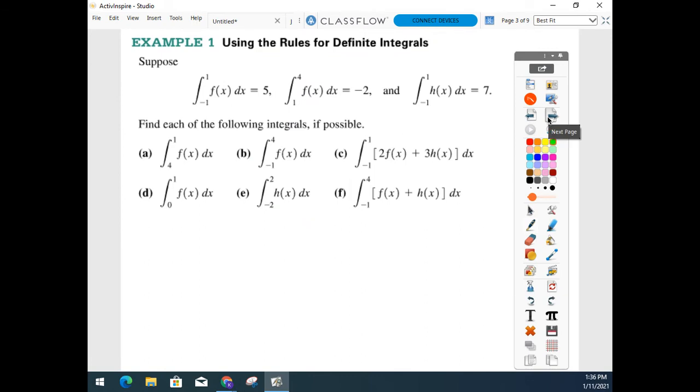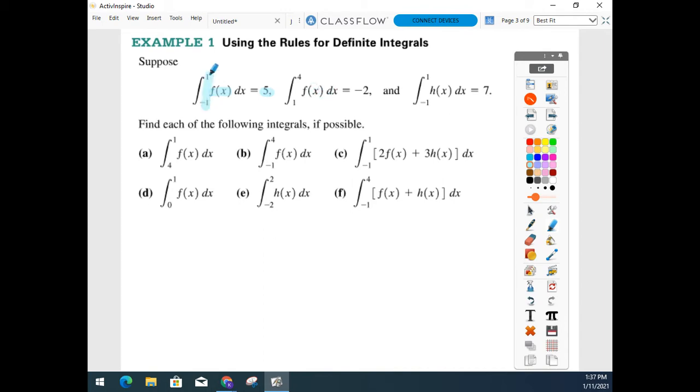Second example. All right. So let's just look at the basic rules. This is just understanding the general rules. All right. The first thing I want you to pay attention to is it doesn't matter what the function is, or you have to pay attention. This is saying the function f is 5. This is the variable that doesn't matter.